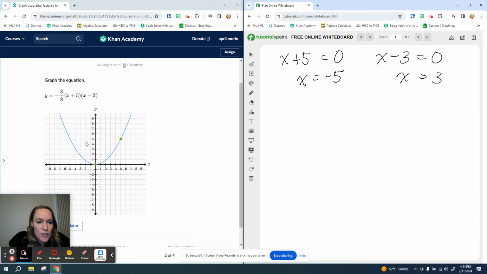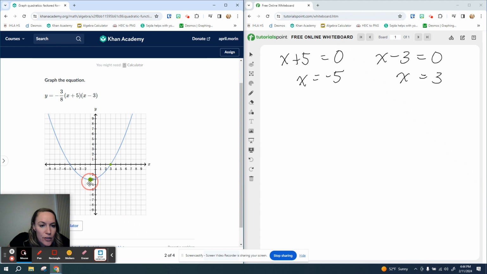So I'm just going to graph one of those x-intercepts, and I'm going to go ahead and graph the positive one, +3. And then I know that my other one is -5. So I'm just going to move this to where I see that the 0 is hitting that -5.